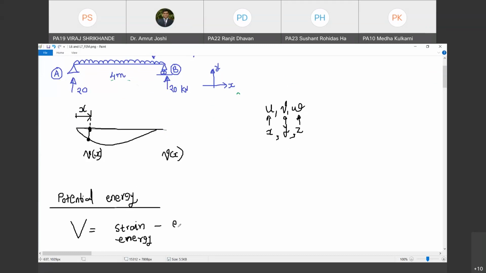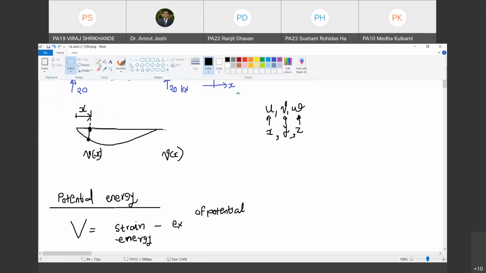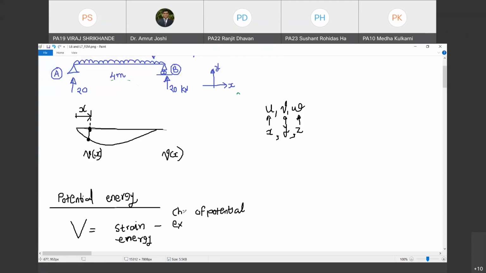minus loss of potential, or instead of saying loss of potential, let us say change of potential of external actions.